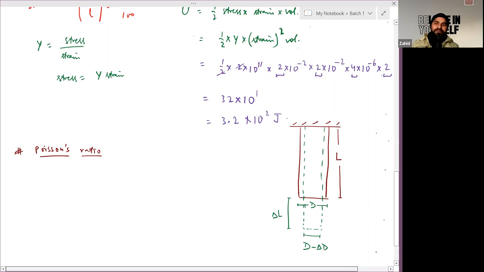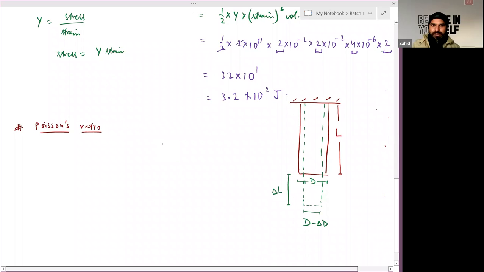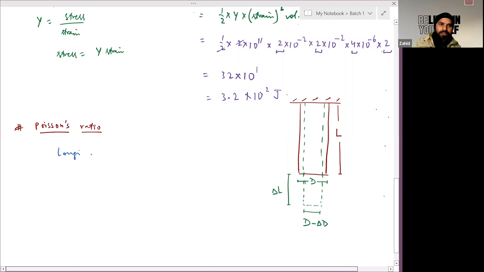So in this part, we have two different types of deformation. One is along length and the other is along its width. First is longitudinal, that is along its length, so it will be delta L divided by L. And next is along its width, which is also called lateral.